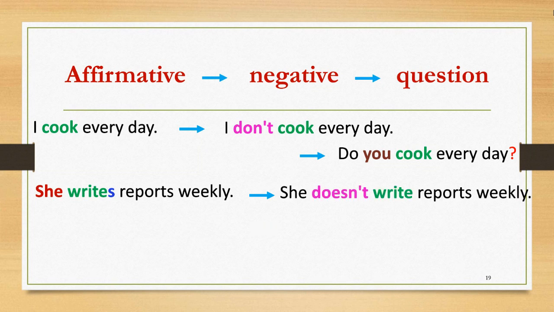She doesn't write reports weekly. She does not. She doesn't write reports weekly. And we don't say she doesn't writes. We remove the S. We keep the verb at its infinitive form.